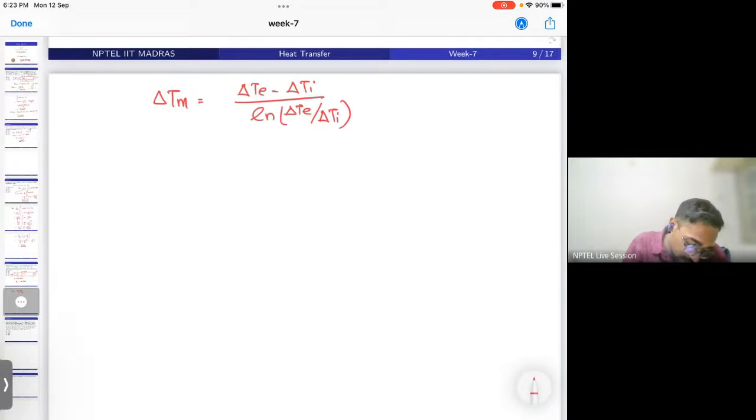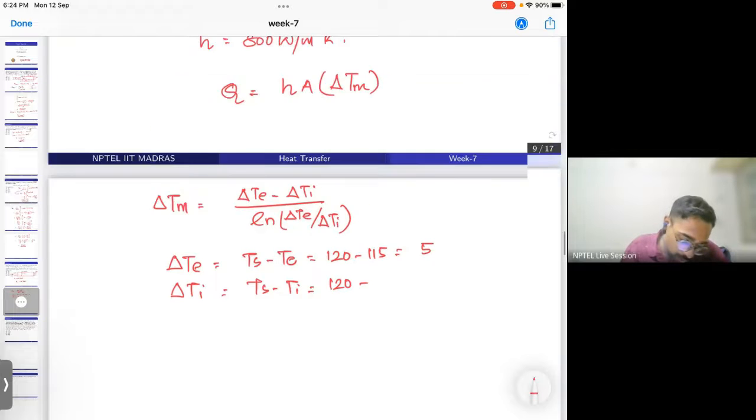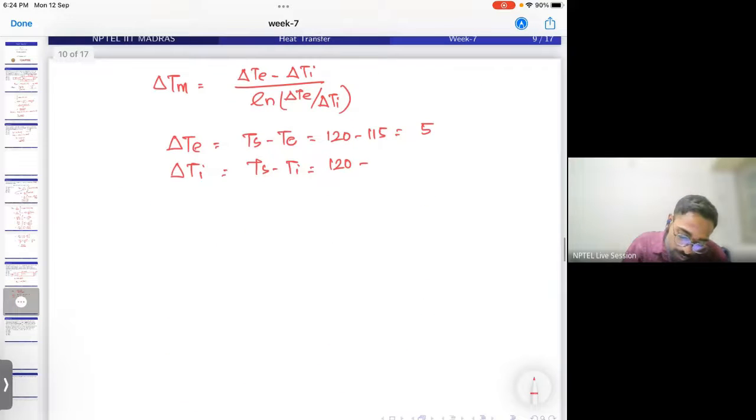So what is delta Te? That is Ts minus T exit. For our case, it is 120 minus 115, which is 5. Delta Ti is equal to Ts minus Ti, which is 120 minus 15, 105.